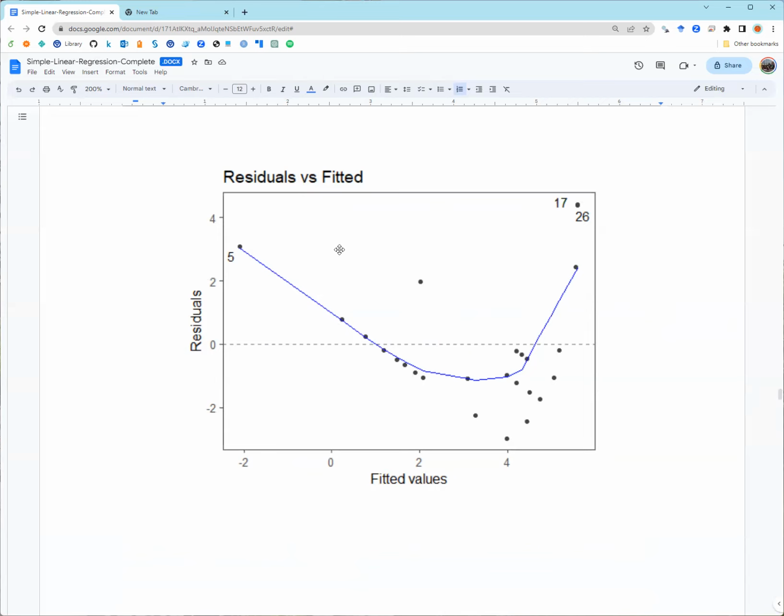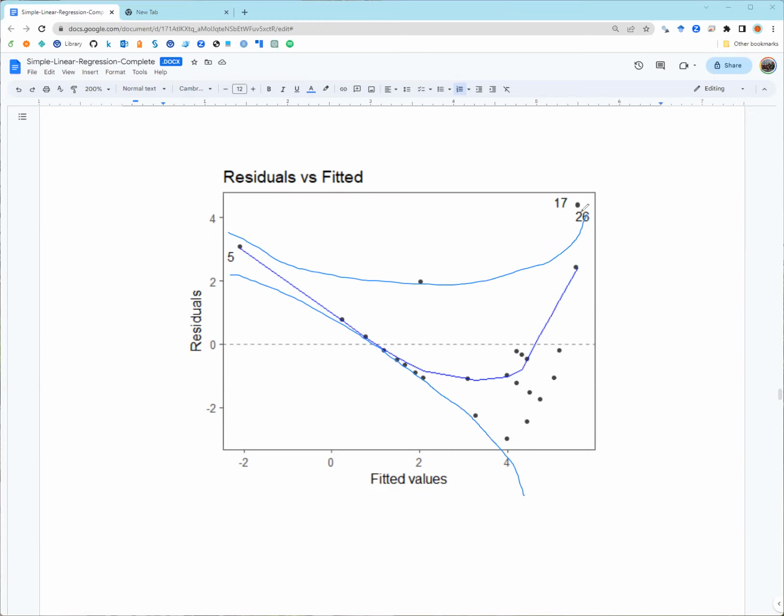Okay, so here, if we imagine the vertical spread, it looks like it gets a little bit bigger. We have this outward fanning shape here, where here's the spread of the points and it's getting bigger and bigger.